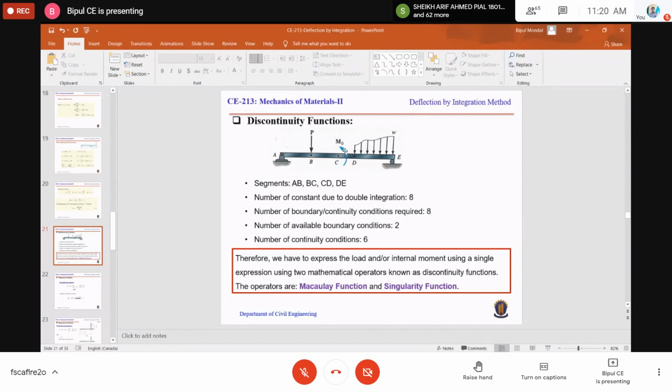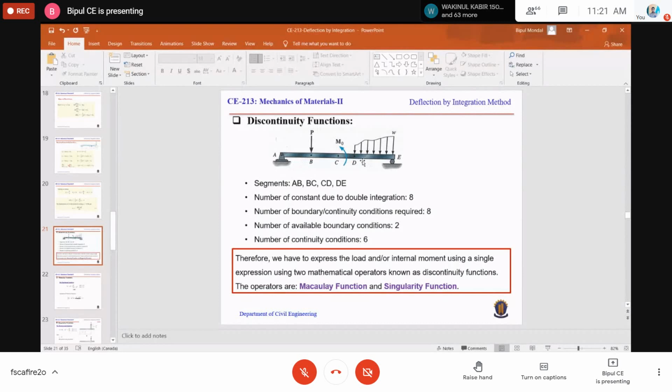For this concentrated moment M naught, a will be the distance from A to C. And for distributed load w, a will be the distance from A to B, that means the distance from the origin to the start of the distributed load. So for P, a is this distance. For M, a is this distance. For distributed load, a is this distance from A to D.